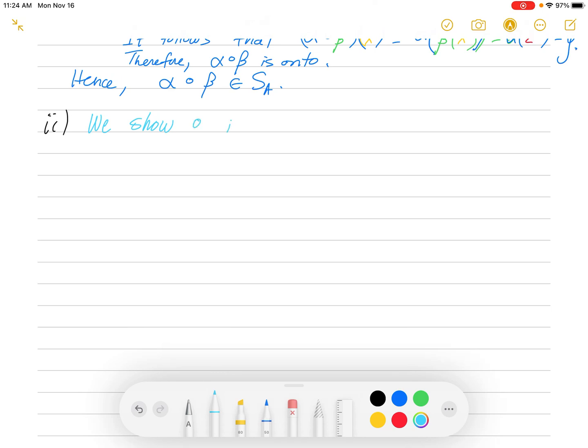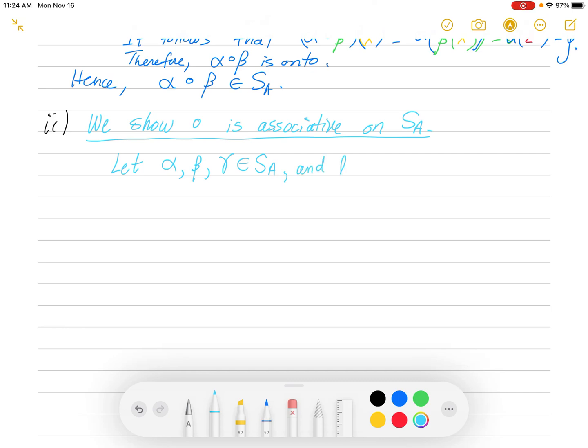We show functional composition is associative on the set of permutations on A. So let's take three elements, alpha, beta, and gamma, that are permutations on A. So one-to-one onto functions that go from A to A.